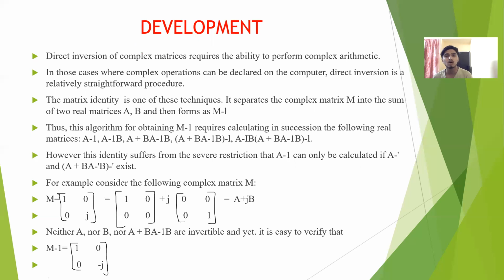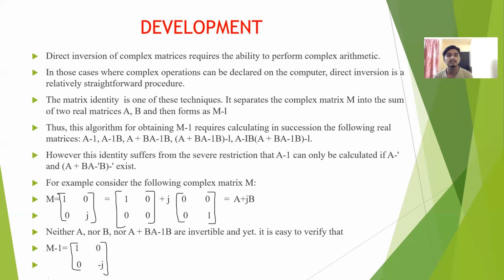It separates the complex matrix M into the sum of two real matrices A and B, then forms M inverse. Thus, this algorithm for obtaining M inverse requires calculating in succession the following real matrices: A inverse, A inverse times B, A plus B A inverse B.